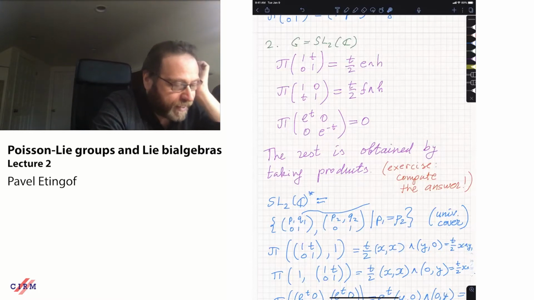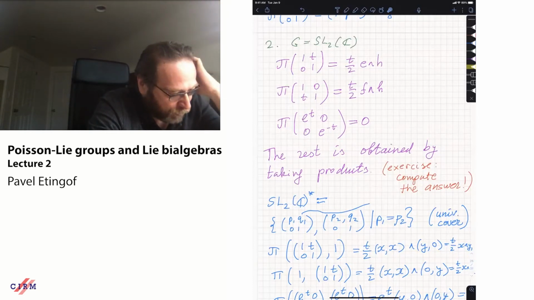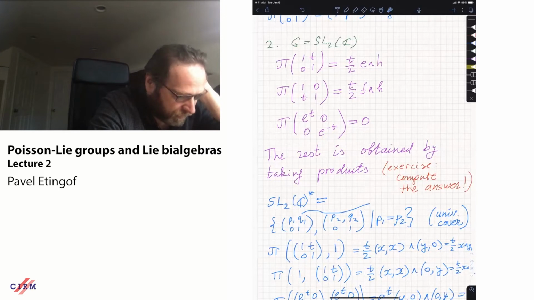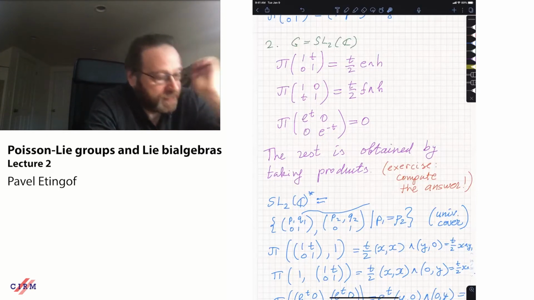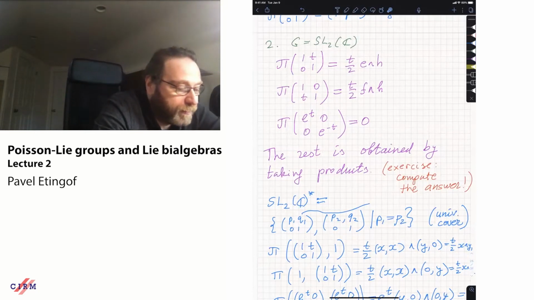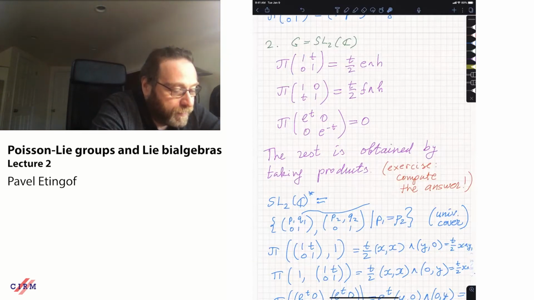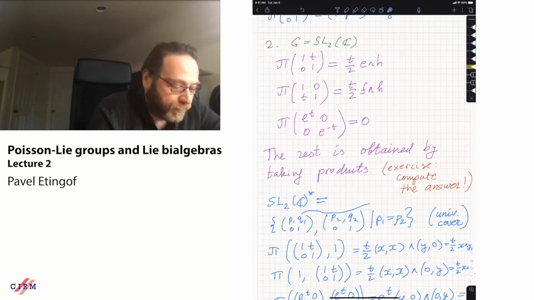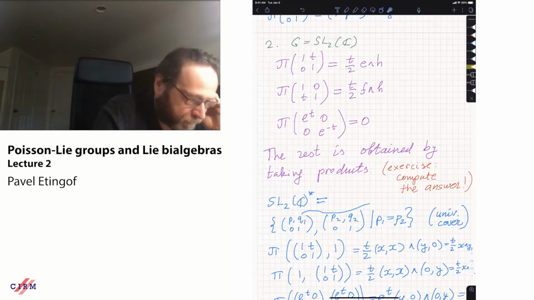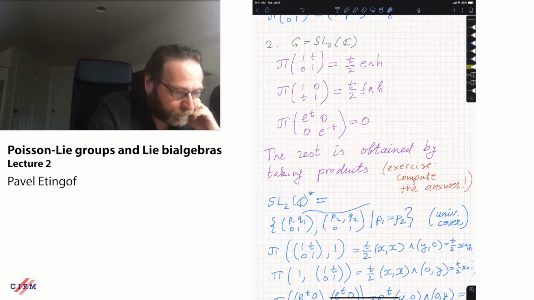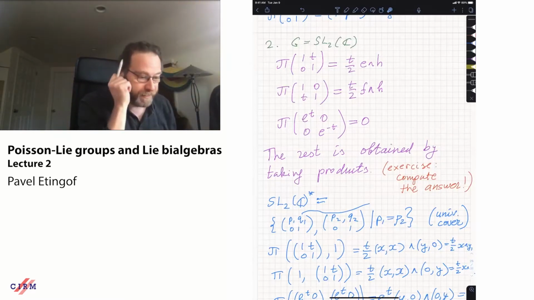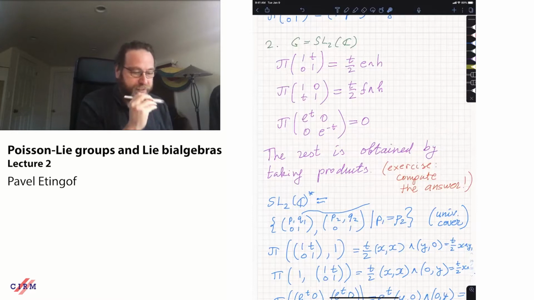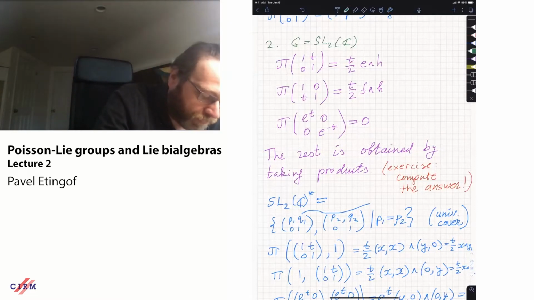And then you can obtain the rest by, well, almost any element of SL2C, a dense set of elements of SL2C, namely all the elements whose upper left entry is not 0, can be written as a product of these three matrices in an appropriate order. So therefore, since we know what pi of xy is, we can compute from these formulas pi of any L. And it's an exercise to compute an explicit formula for pi of A, B, C, D.